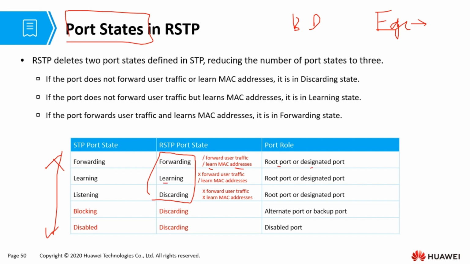Under learning, you do not forward user traffic, but you learn MAC addresses. Under discarding, you do not forward user traffic and do not learn MAC addresses. Normally they ask which state can do what, so make sure you are clear. The discarding state is always used by the alternate port, backup port, and disabled ports.